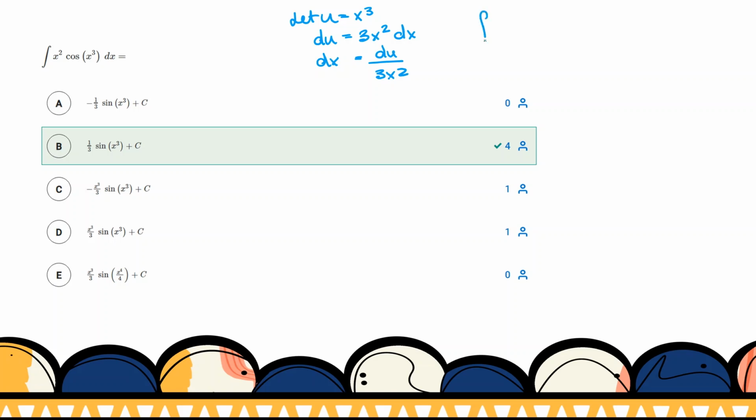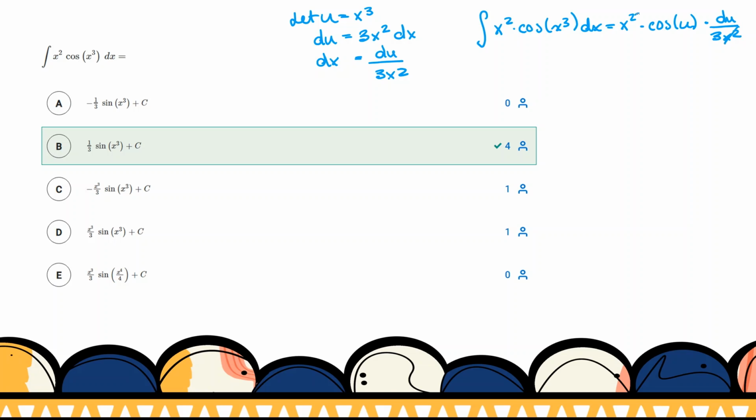So when I put the substitution in for x squared cosine of x to the third dx, now I see that I have x squared times cosine of u times du divided by 3x squared.